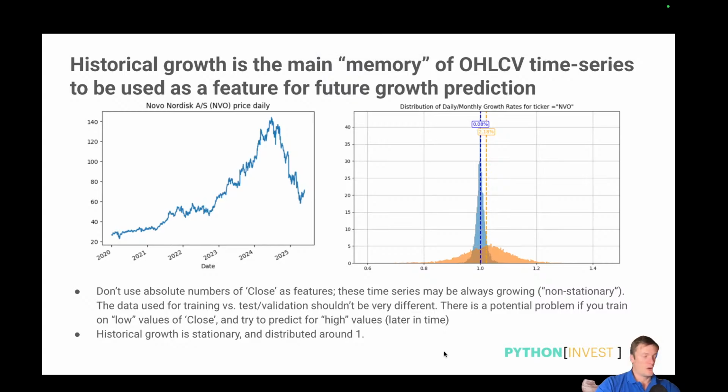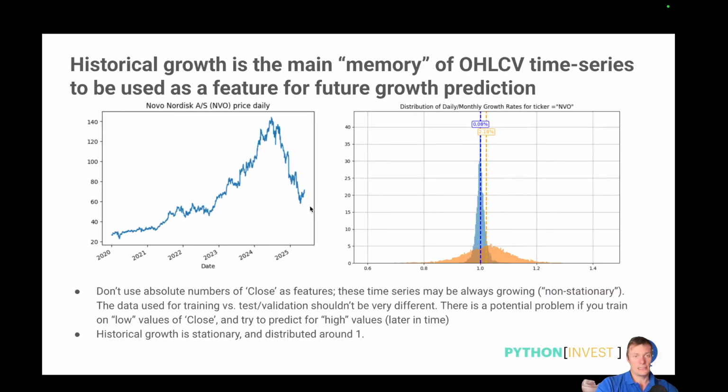Before we join with other data sets, we'd like to see what we want to predict. This is one stock example, and it was quite similar for many large stocks last year, 2024, that everything was growing. This year you can see that there is a correction.